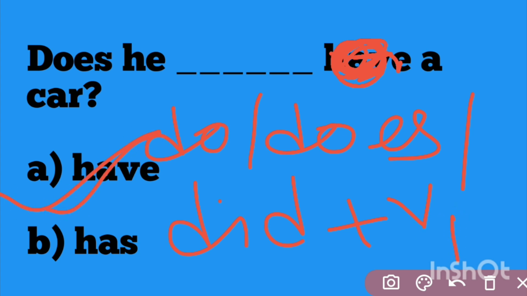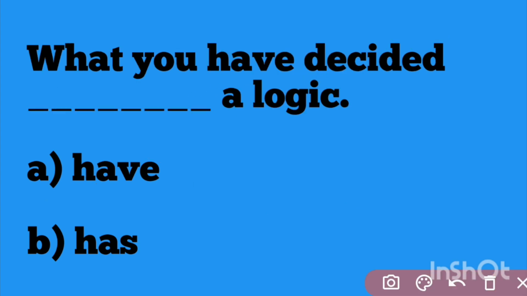So the question will be, does he have occur? We cannot write down has here. The correct answer is have. Friends, I think you can understand. Friends, it's a very important concept.